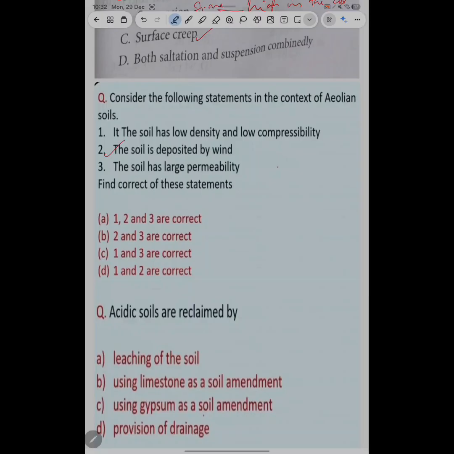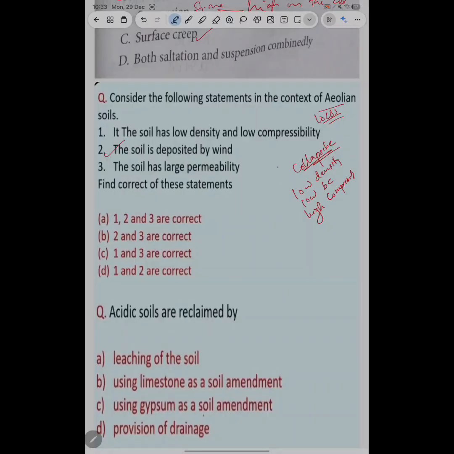An example of aeolian soil is loess, which is also called collapsible soil. We studied that collapsible soils have low density, low bearing capacity and high compressibility, and their volume changes on adding water.